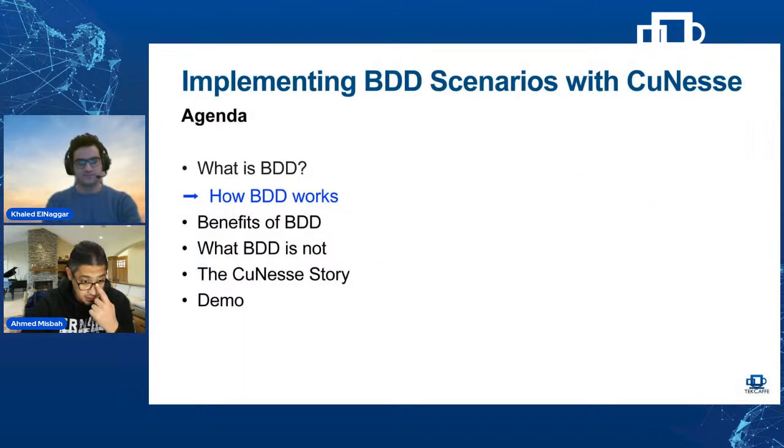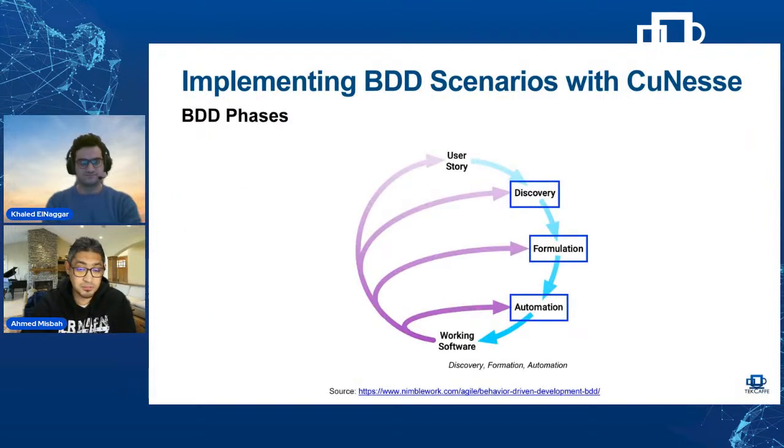Now, in the definition, we've said that BDD is a process. So let's see how that process works. It starts with the team discovering and writing down user stories. Then from these user stories, teams start discovering examples.